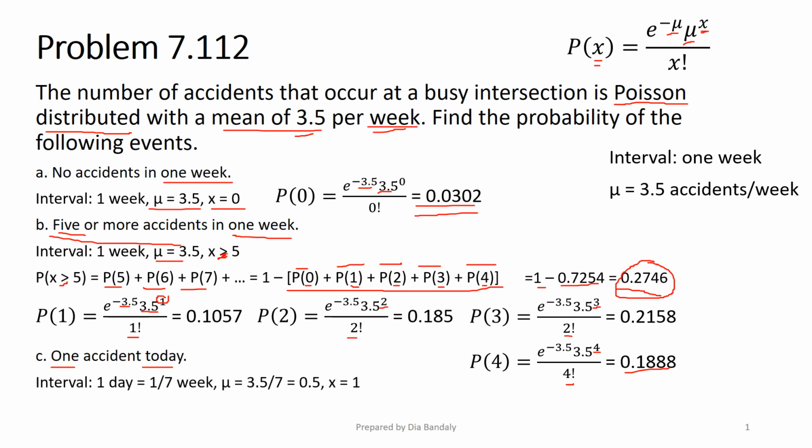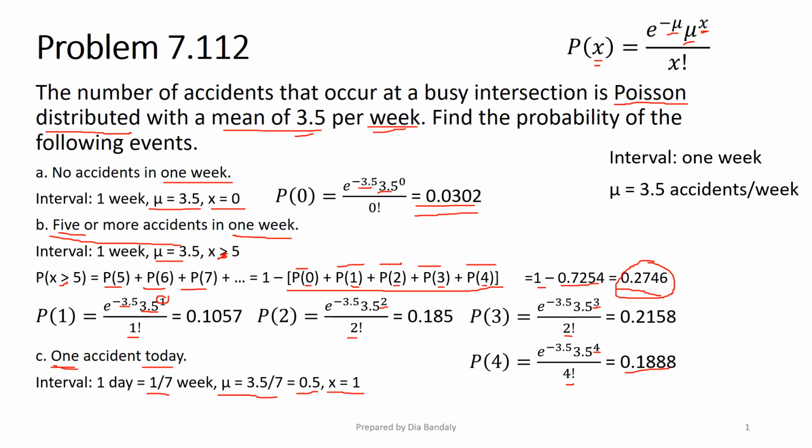So the interval is 1/7 of the week, which means that the mean, remember in the Poisson distribution, the mean is proportional to the interval. So in the previous interval it was 1 week and the mean was 3.5. Now it's 1/7 of that, so the mean will be 3.5/7, which is 0.5 accident per day. And the question is, for one accident, that means x is 1.